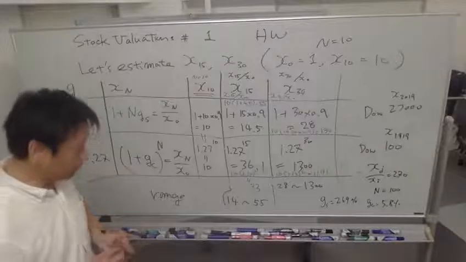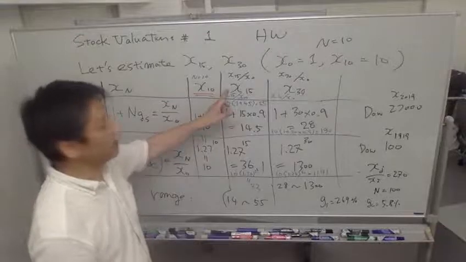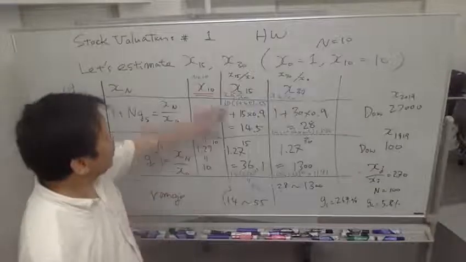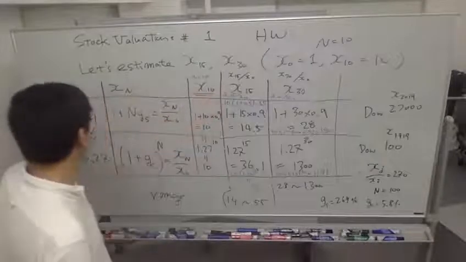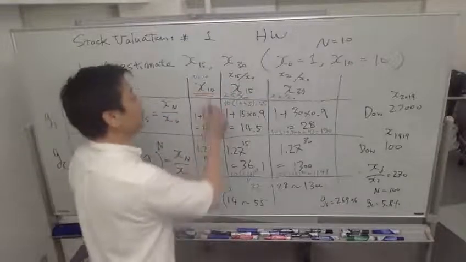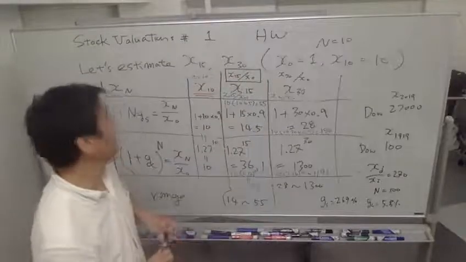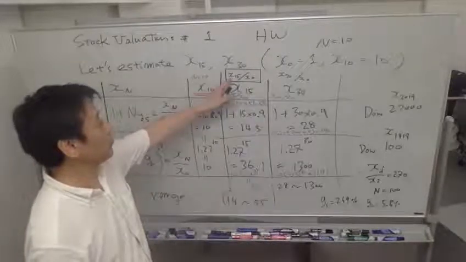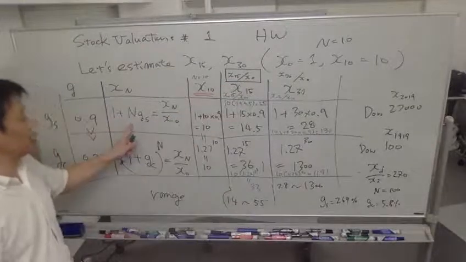There are several ways of assuming X15 and X30, and here's one example. Let's calculate X15 here, using GS of 0.9. The first way is using X0 and assuming X15, so X15 over X0 would be this formula.